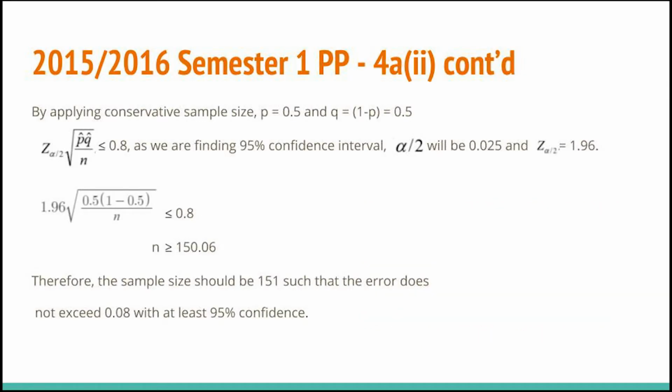We can apply the general formula for a confidence intervals, which is shown here, where Q is 1 minus P equal to 0.2, and as we are finding 95% confidence interval, alpha over 2 will be 0.025 and Z equal to 1.96. So after finding in the distribution table, we know that the minimum value is 0.7123 and the maximum value will be 0.8877.